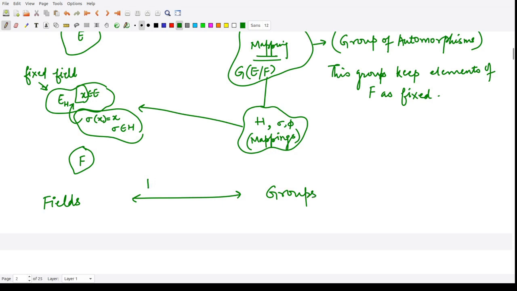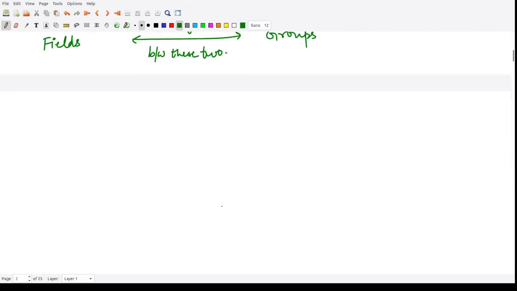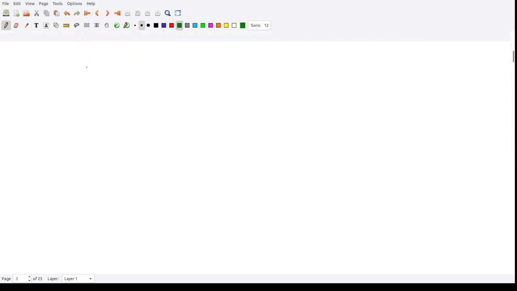So there is a beautiful relationship between these two, and this relation is defined very well by the fundamental theorem of Galois theory.